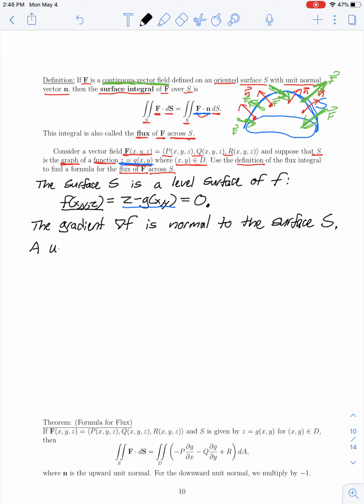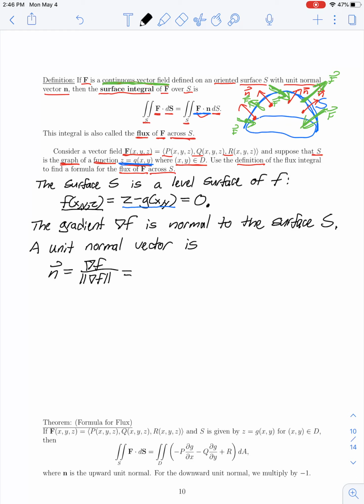So here a unit normal vector is given by, let's denote it as n, and we could find it by taking grad f and dividing through by its magnitude.